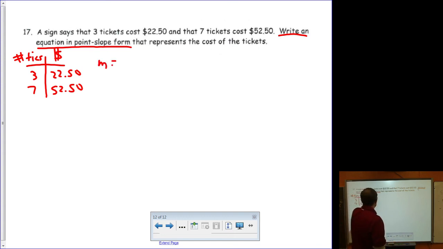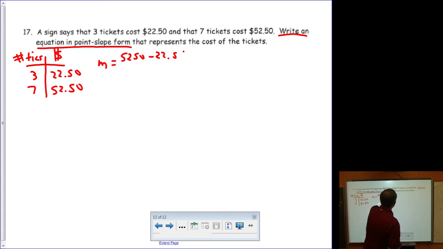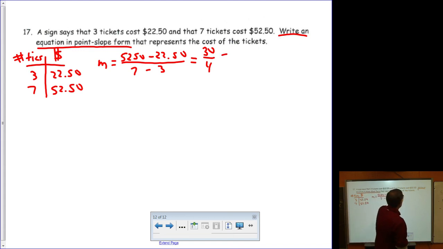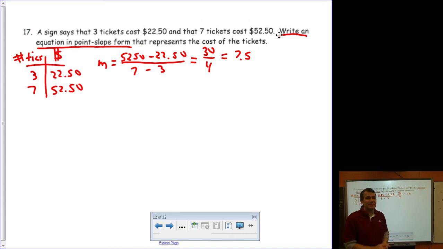So the slope for the situation would be y minus y over x minus x. In this case, that gives me 30 over 4, or 7.5. The slope of this line is 7.5.